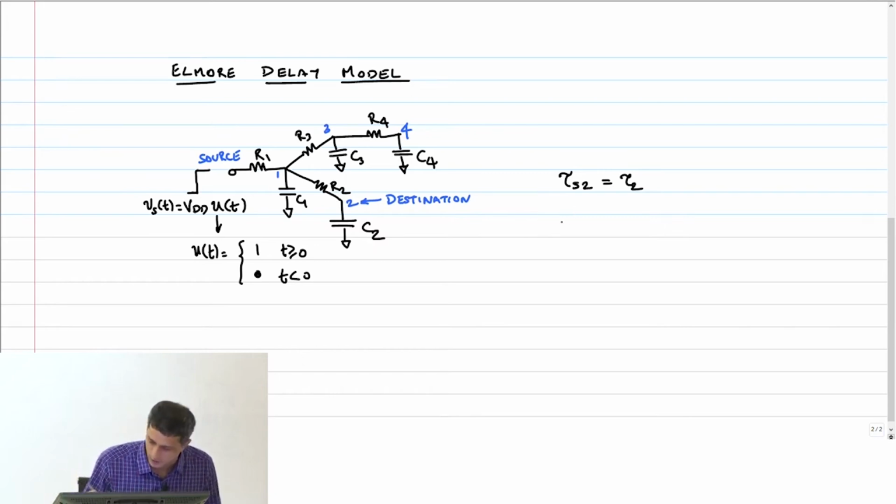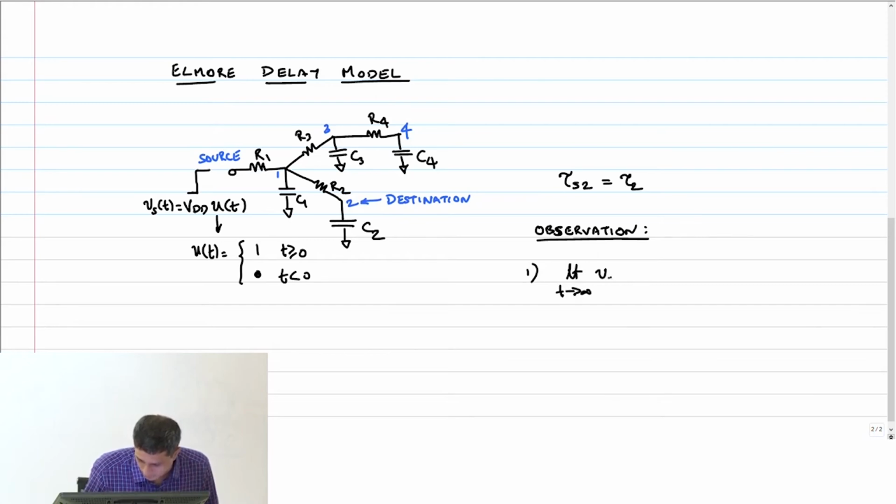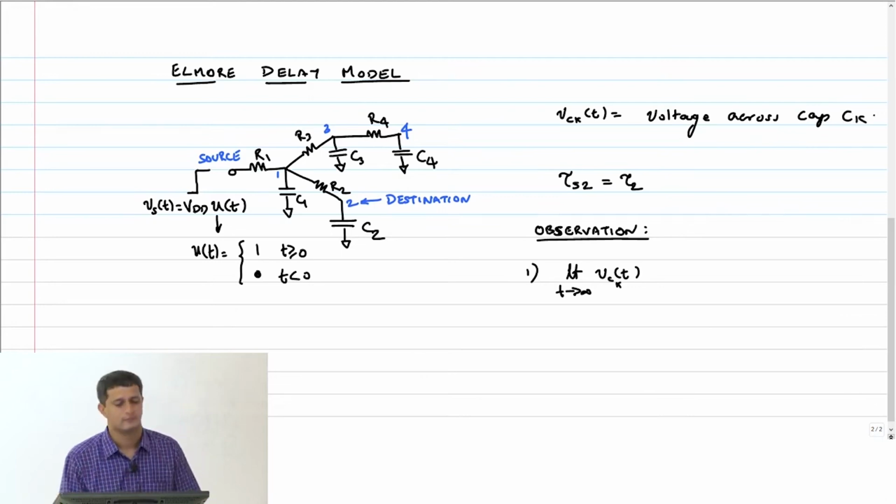So first observation: the limit as t tends to infinity of Vck of t, where Vck of t is the voltage across cap Ck, is equal to VDD.